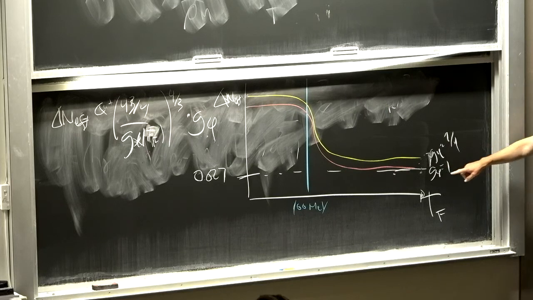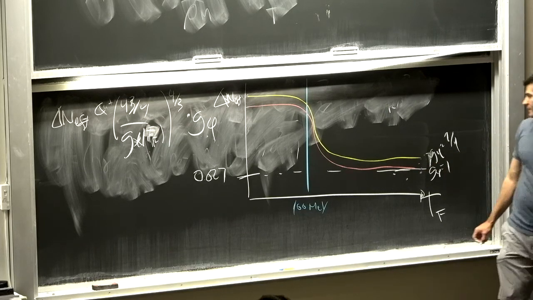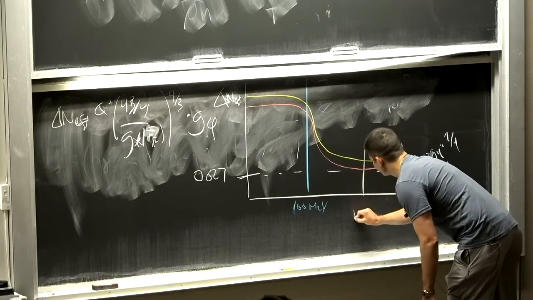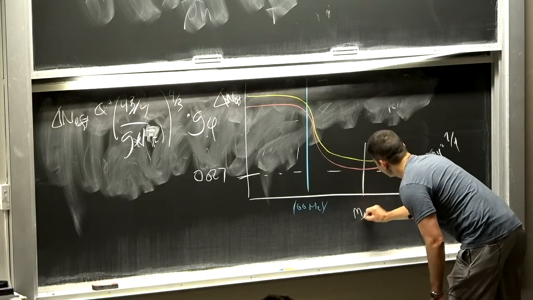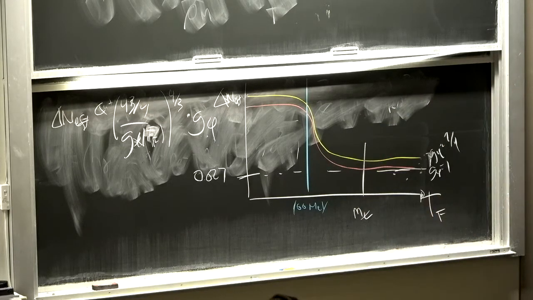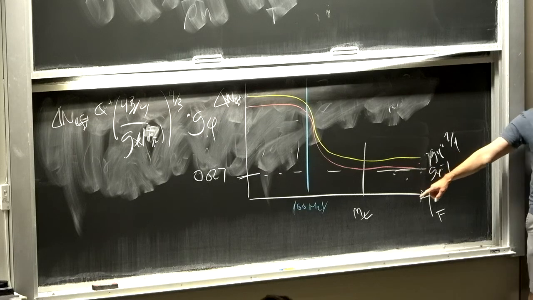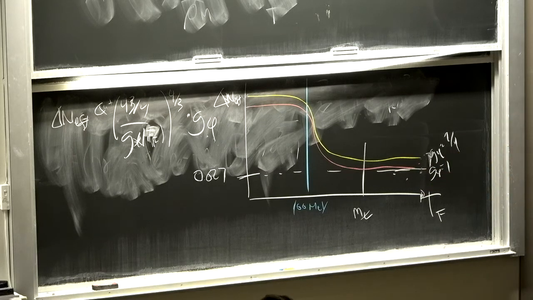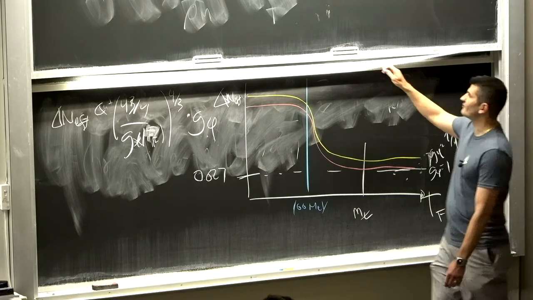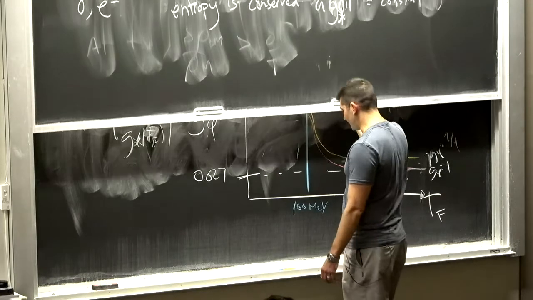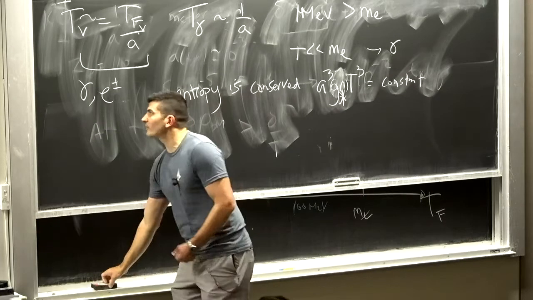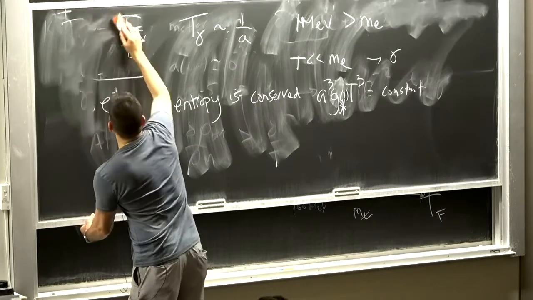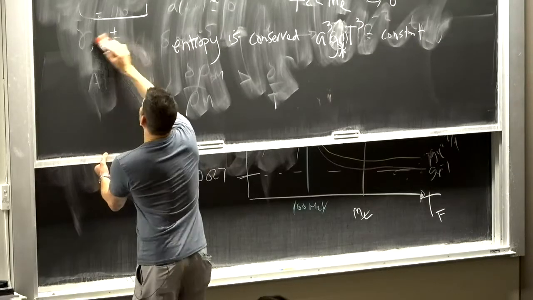Why do these things go to a constant? So here I'll put this suggestive energy scale somewhere here. How many degrees of freedom in the standard model are heavier than the top mass? Okay, maybe I should have plotted G star of F. G star of F, remember, is all the degrees of freedom in the standard model, right?